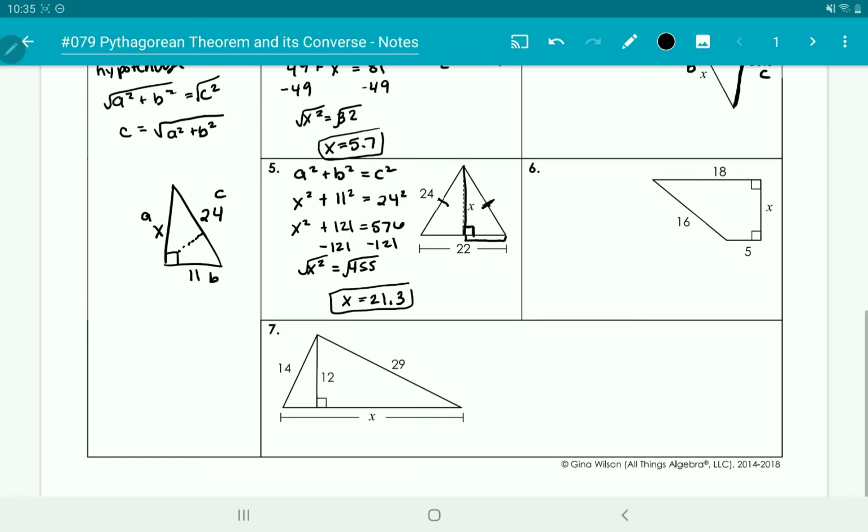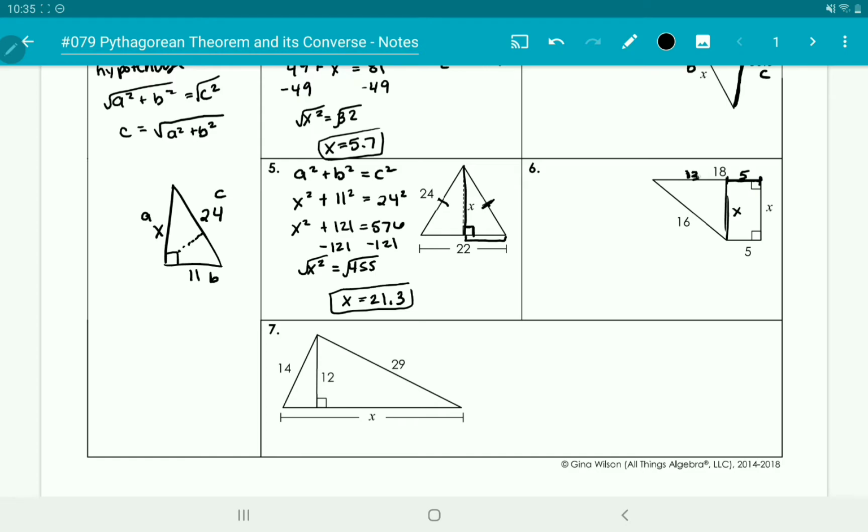Okay. I'm going to go ahead and set this one up a little bit. Number 6. If we draw this here, we see that these two sides are the same because it is a rectangle. And we see that these two sides are the same. So from here to here is 5. So if the whole thing's 18, and that part right there is 5, that means that this part right here is going to be 13.